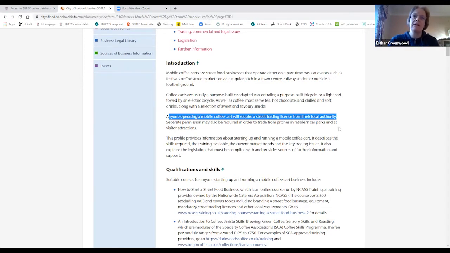So when you're operating your mobile coffee cart, you need to think about where you are going to pitch your cart, where you are going to park it to serve people, and what sort of permission you might need, either from the landowner, in order to trade at that point.